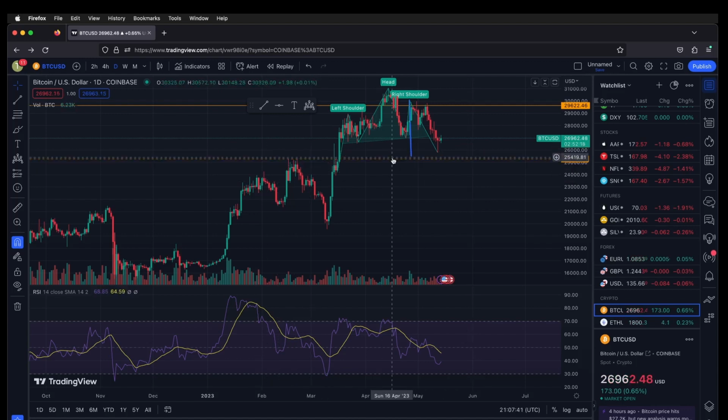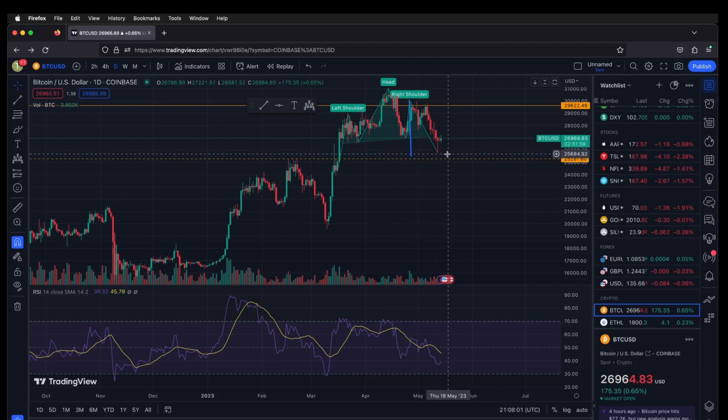When you have indicators that are telling you the same things, and in this case we're using this head and shoulders pattern as an indicator, it's what is called a confluence.